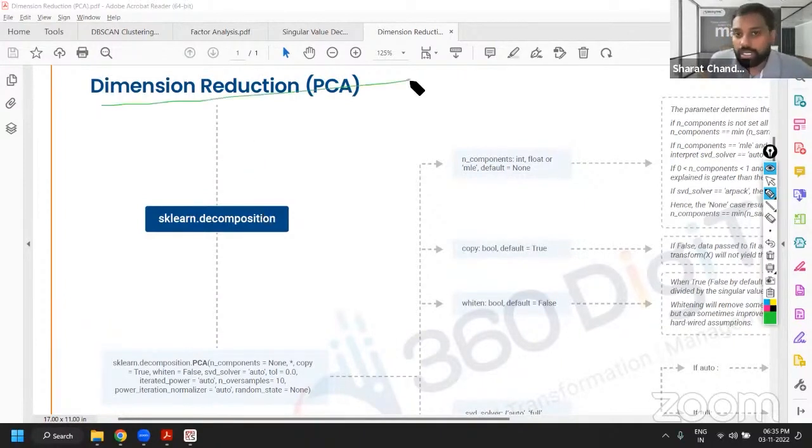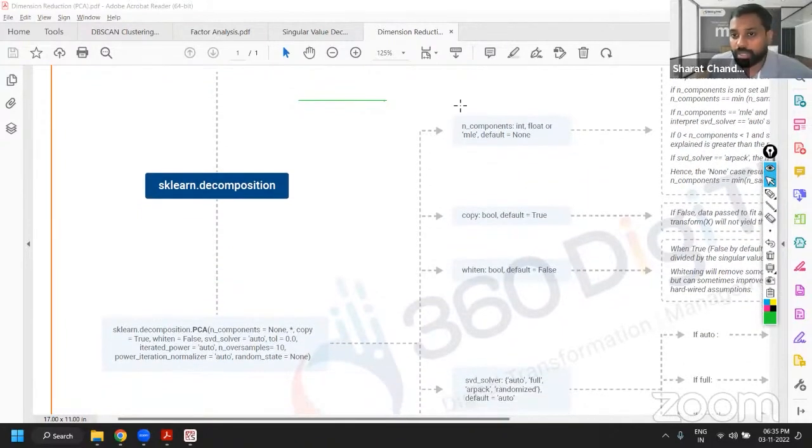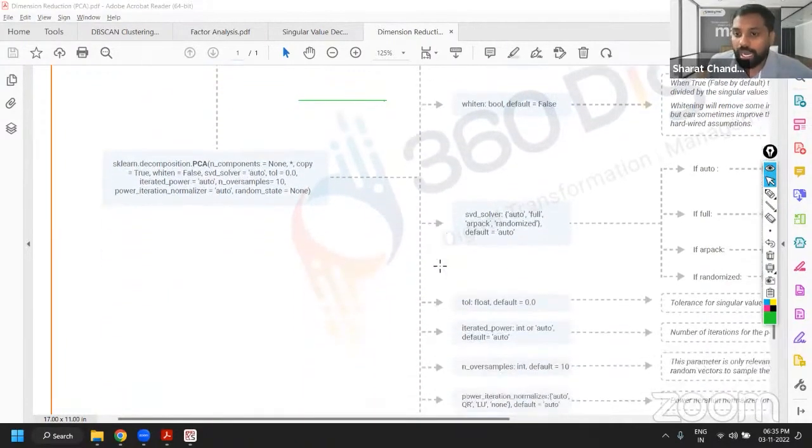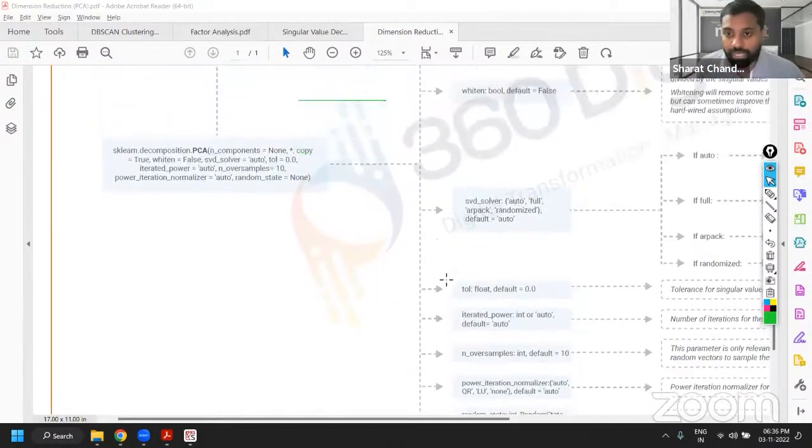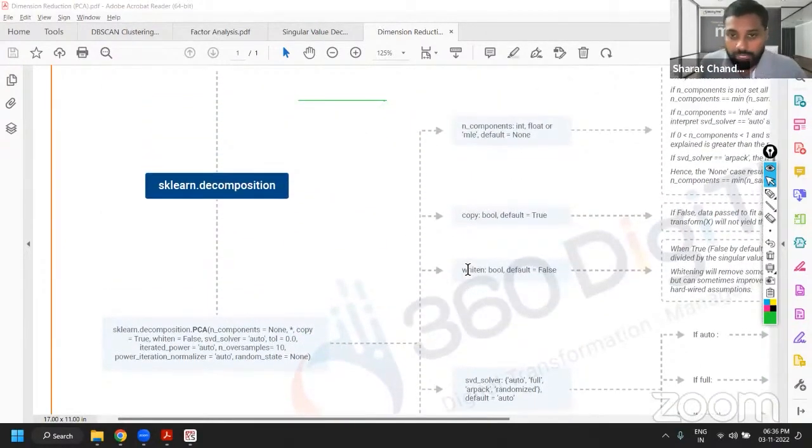Now, let us talk about dimension reduction here. We are talking about a popular algorithm, which is principal component analysis. Like any other algorithm, you can see that there are a bunch of parameters that we can pass to control how the algorithm does the entire component analysis and compresses your features. The most important parameter is the number of components itself. Without the number of components that you pass, there's no compression.